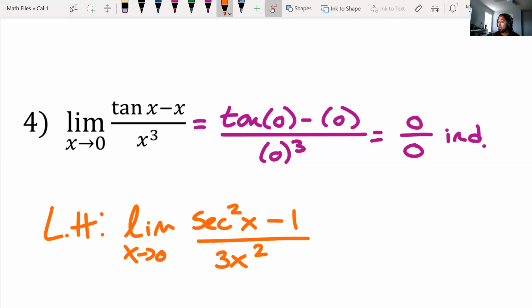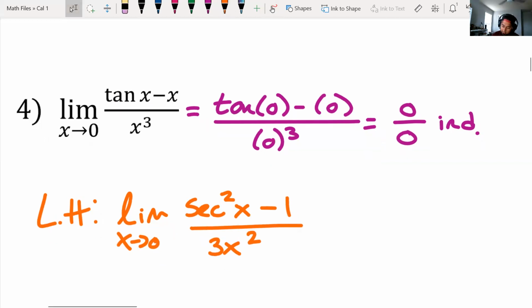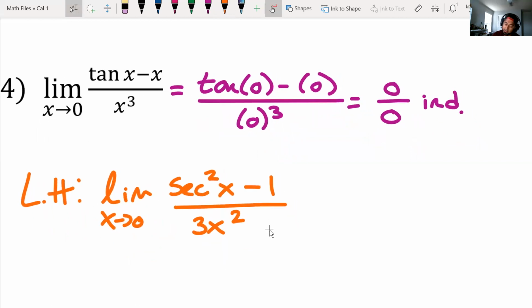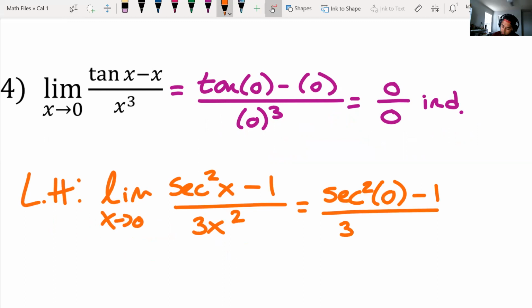Okay, and then from here, you can plug in 0 again. You'd get secant squared of 0 minus 1 over 3 times 0 squared. What is the value of secant at 0?